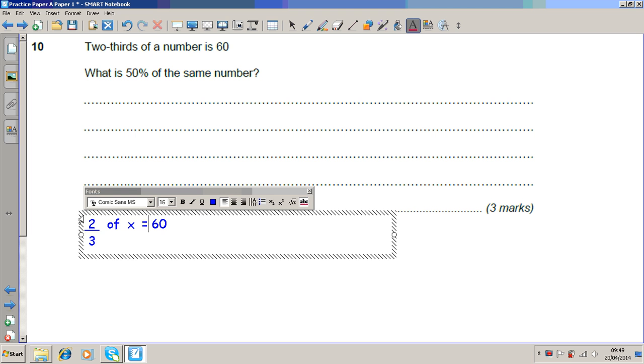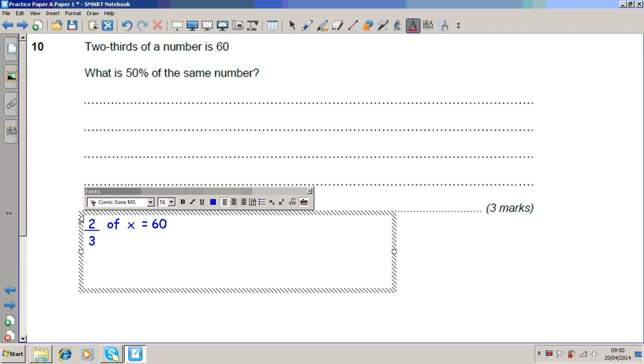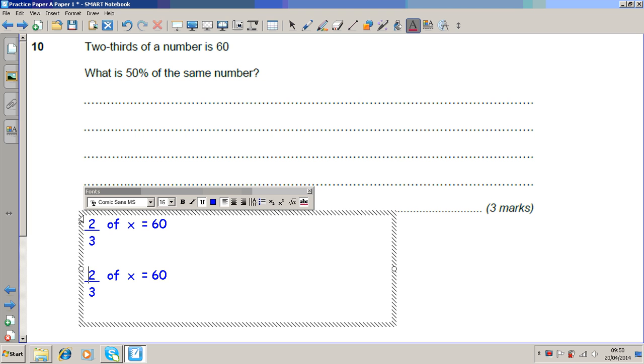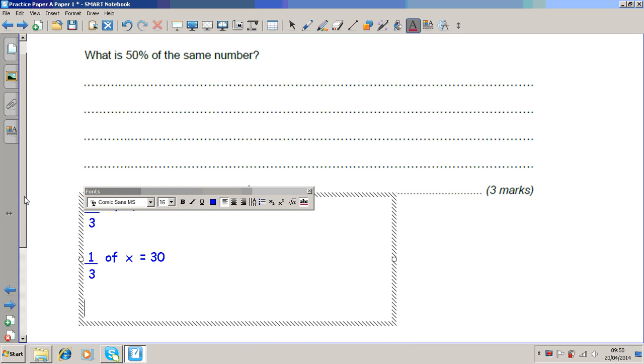Right, so 2/3 of a number, and we don't know what that number is yet, but that's equal to 60. So if 2/3 of it is 60, then 1/3 is going to have to be half of that, which is going to be 30. And then finally, 1/3 of what number is that?